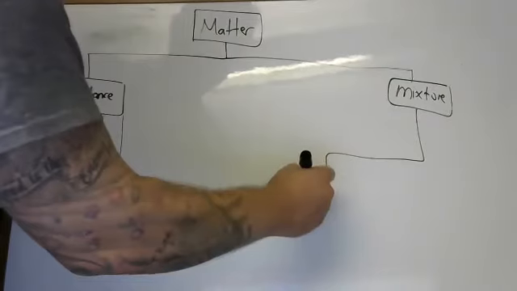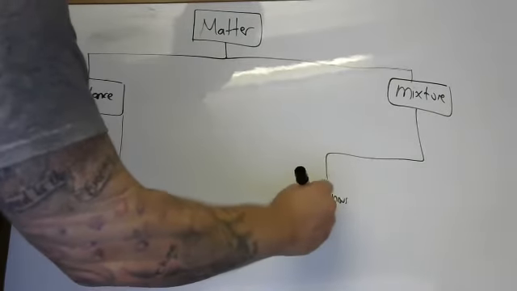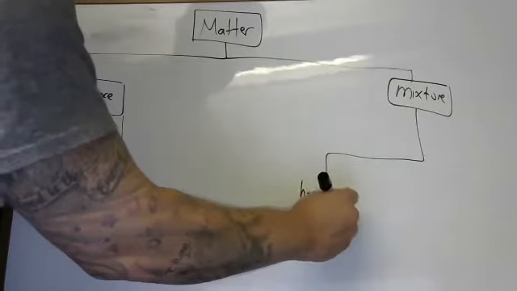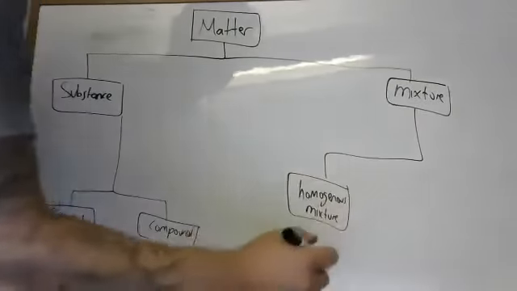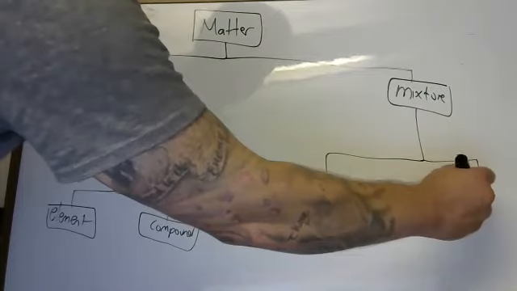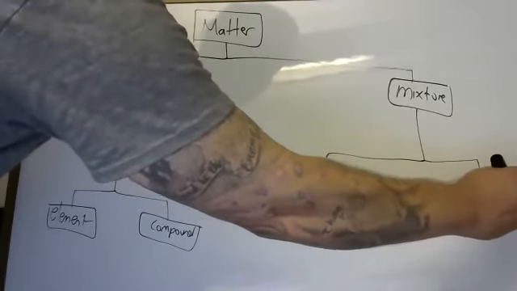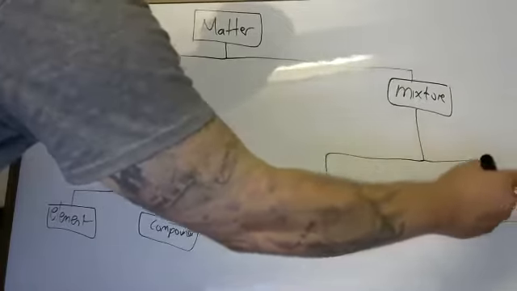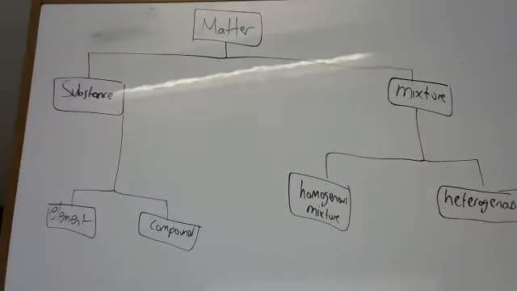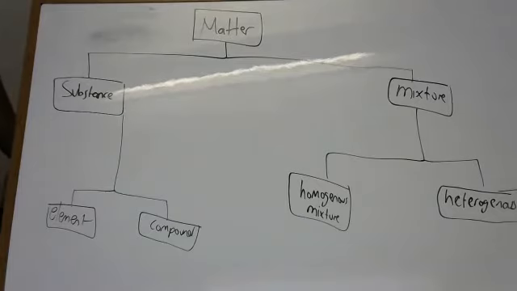So homogeneous mixture. On the other side we have heterogeneous mixture. So homogeneous is a uniform solution.